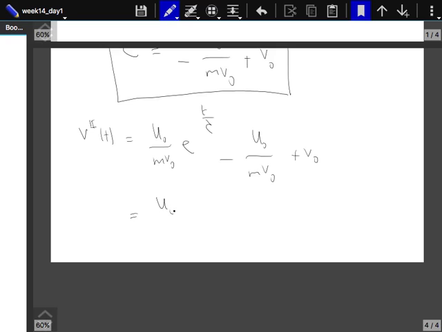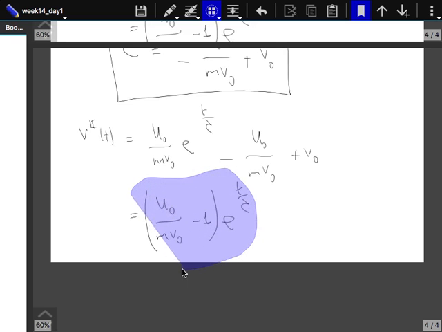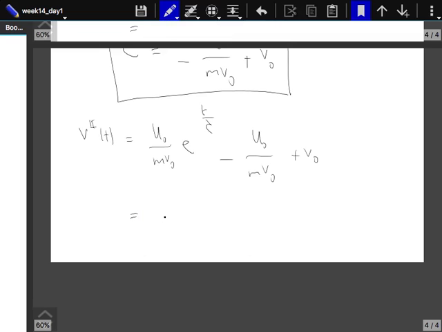Or this is equal to u0 over mv0 e to the power t over tau minus 1 multiplied by e to the power t over tau, no, sorry, u0 over mv0 e to the power t over tau minus 1 plus v0.